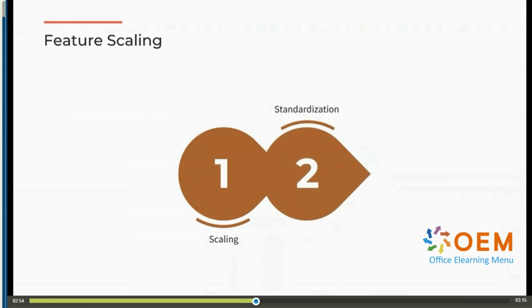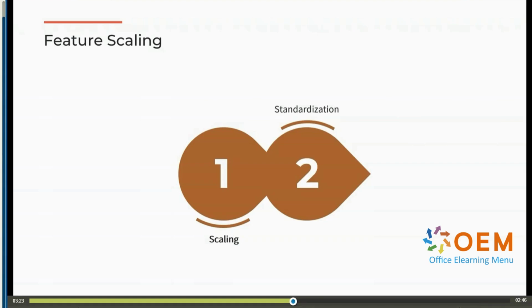Another technique that's used is standardization, also known as standard scaling or Z score normalization. This method transforms data to have a mean of 0 and a standard deviation of 1 by subtracting the mean and dividing by the standard deviation. So, after standardization, your feature values are represented in terms of Z scores or number of standard deviations from the mean.